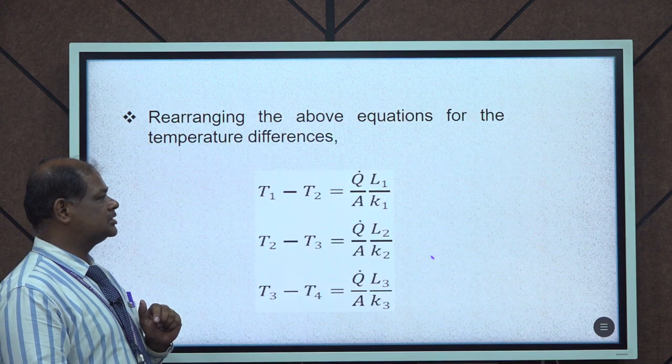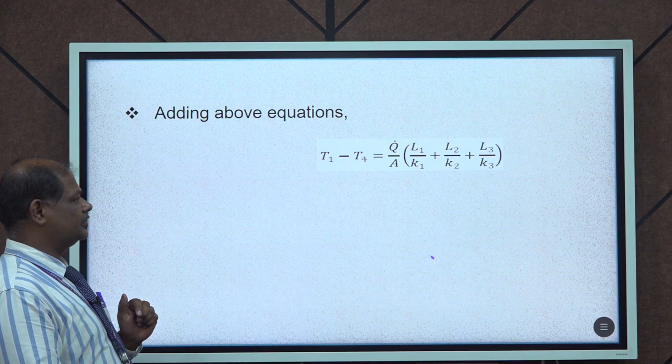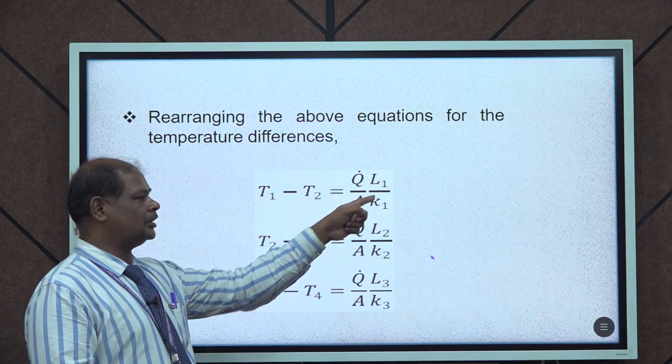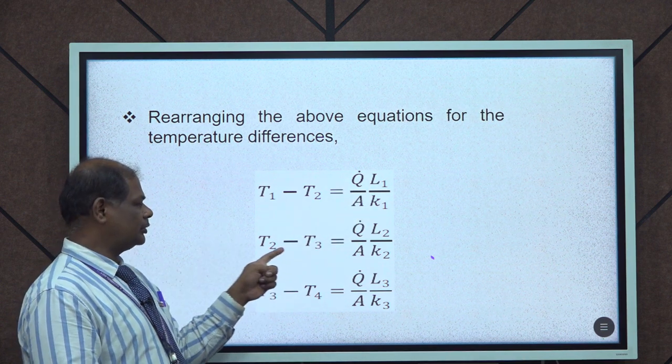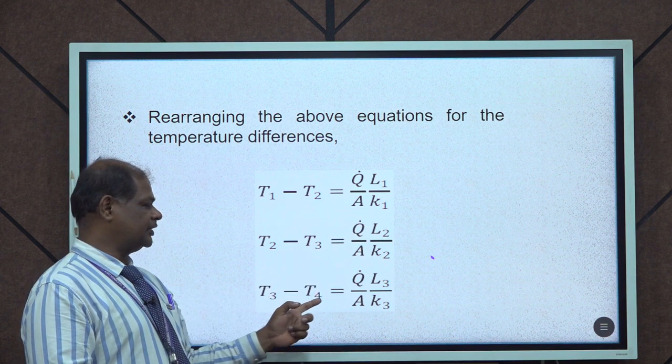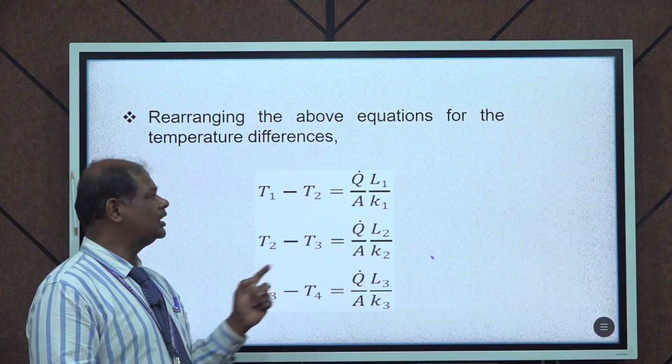We can combine these equations and write T1 minus T2 is equal to Q by A into L1 divided by K1, T2 minus T3 is equal to Q by A into L2 by K2, and T3 minus T4 is equal to Q by A into L3 by K3.